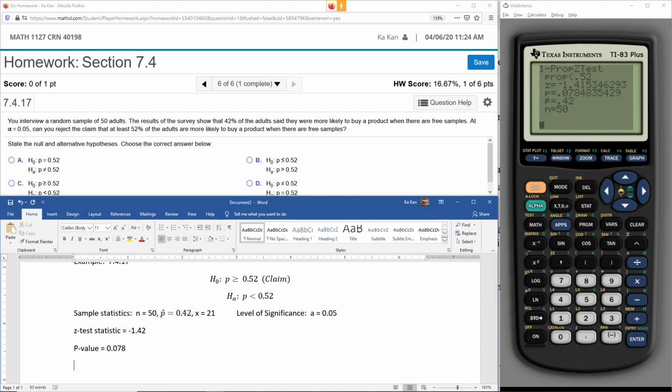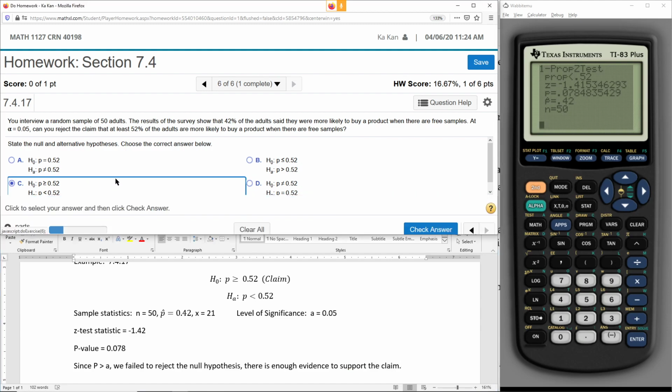So, of course, for this guy, since p is bigger than alpha, then you can say we fail to reject the null hypothesis. There is enough evidence to support the claim. So let's go back to this. So it's a greater than and less than 52. There you go. That's this one.